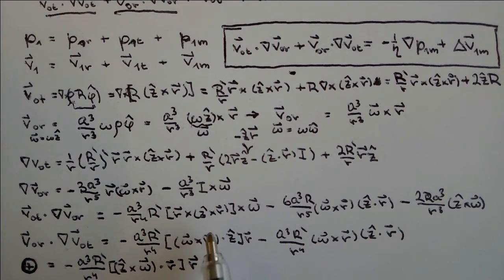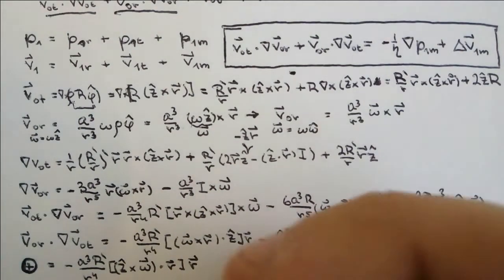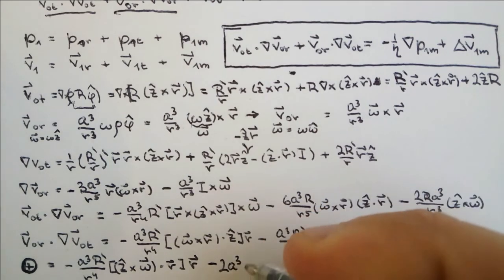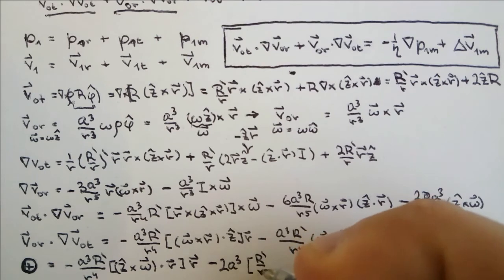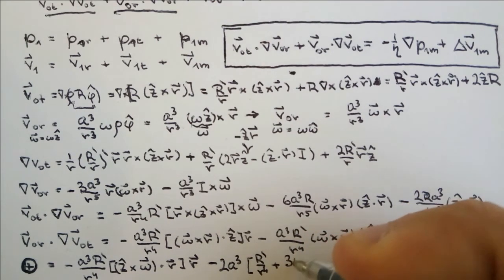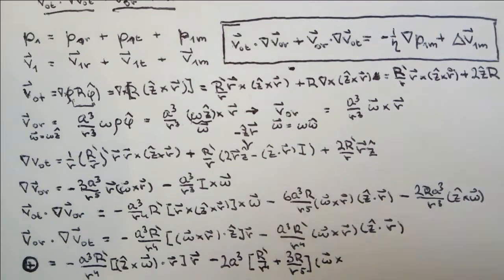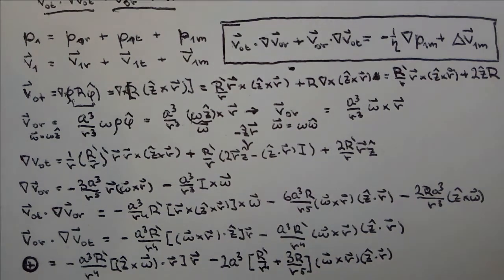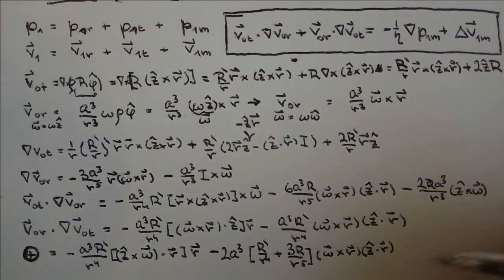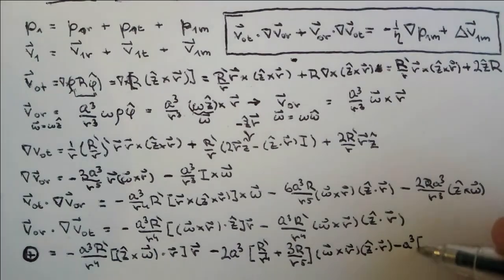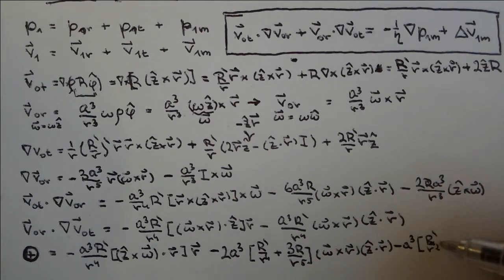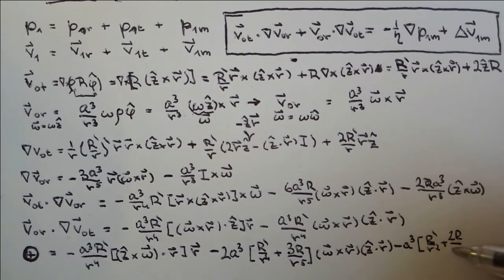I think it's from this part, and again there is the back-minus-cab identity used on this term, and this will show up: minus 2a cubed r prime over r to the fourth power plus 3 times r over r to the fifth power, and there is omega vector cross r and the scalar z hat dot r, minus the last term, which is a cubed, and there is r prime divided by r squared plus 2r divided by r cubed.